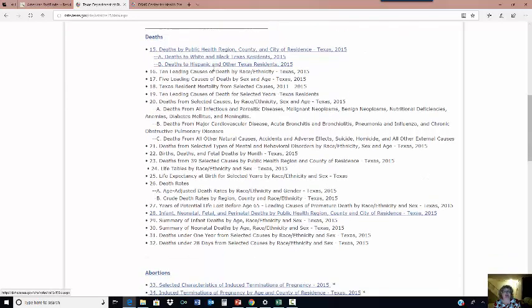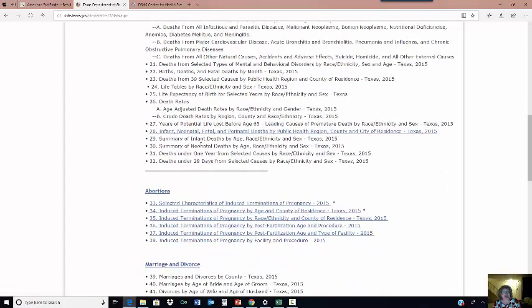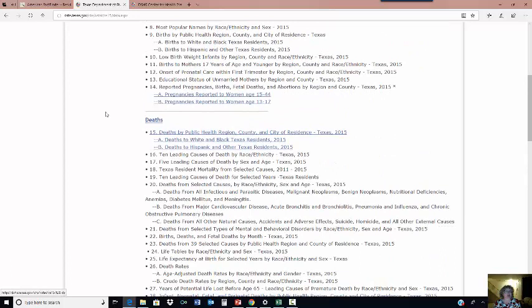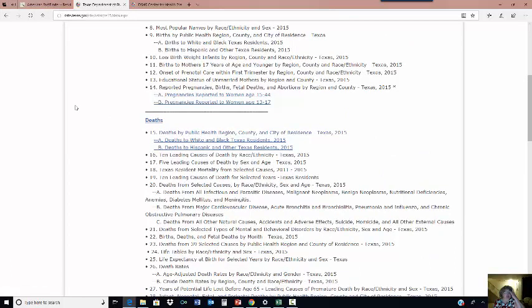You can look at it by race, infant, neonatal, fetal, and perinatal deaths, all kinds of information on that. You can also find the leading causes of death for your state, which helps you compare where your community is with the state. And then you can go to CDC and get all this information at the national level. So I'm not going to go into any more of that.